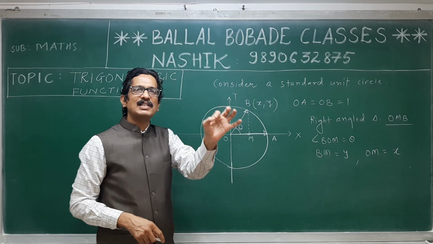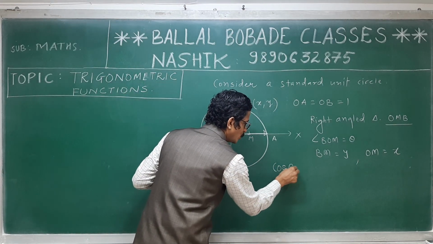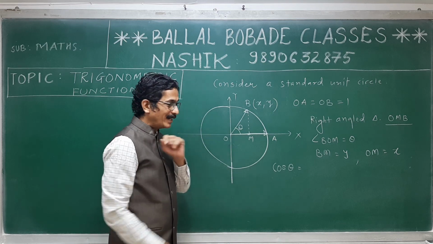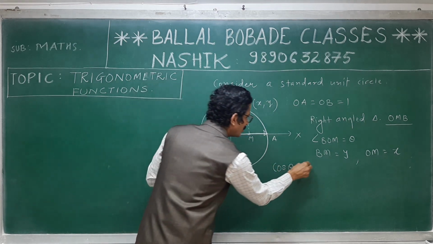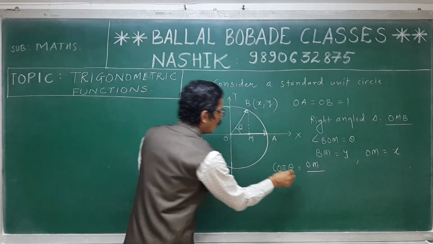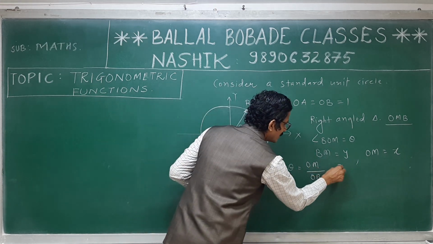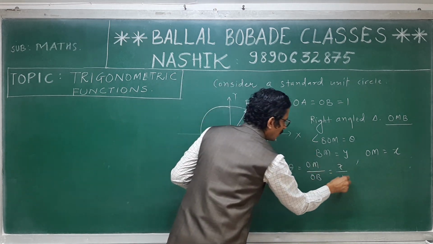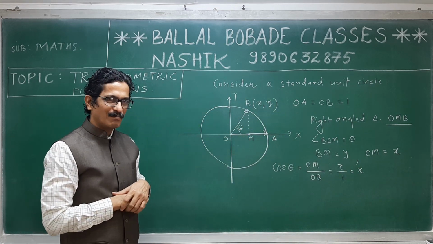If you consider basic definition of cos ratio, cos is adjacent upon hypotenuse. What is that adjacent side? OM. And what's the hypotenuse? OB. So don't you see what is OM? It is x. And what's OB? It is 1. So cos theta has become x.